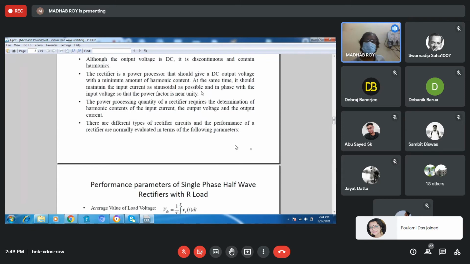So power factor we always try to make unity, that means 1. If there are harmonics, then this power factor cannot be unity. It should be less than that.